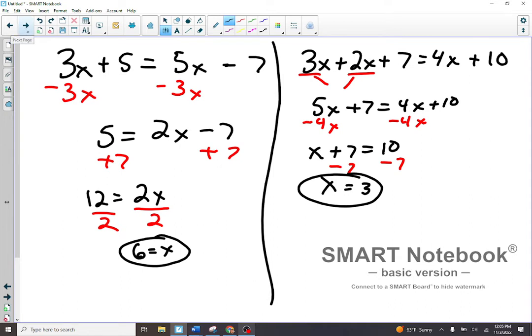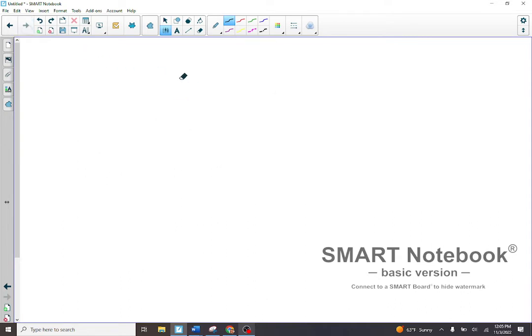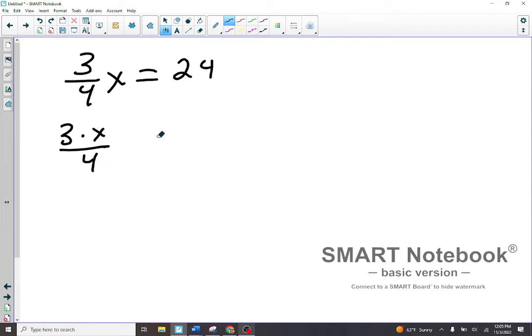One thing that scares you guys, but it's not too bad, are fractions. Let's talk about how we deal with fractions. Equals, let's say, 24. To deal with fractions, there's two ways to handle it. I'm going to teach it this way because I think it's the most simple way. You're going to break it up one piece at a time. 3 over 4 is the same thing as saying 3 times x divided by 4.